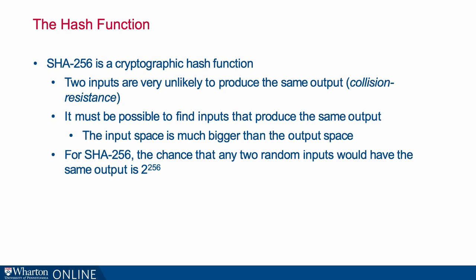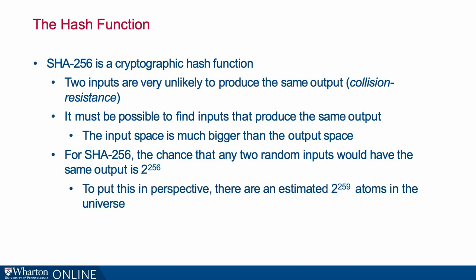And just to get a sense of how hard it is, the chance that any two random inputs would have the same output is 1 in 2 to the power 256, which is an enormous number. To put in perspective, there are an estimated 2 to the power 259 atoms in the known universe.